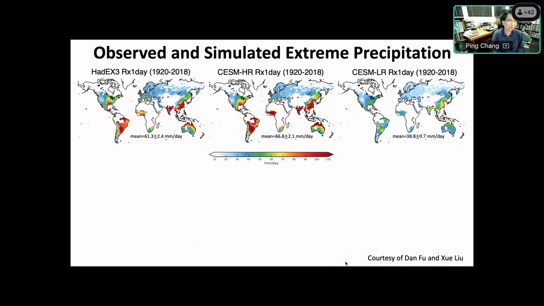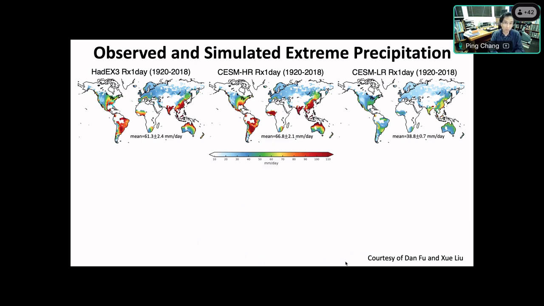So first, just let me show you a comparison between the observed and the simulated extreme precipitation. And we're just using the annual maximum daily precipitation as a metric for the comparison. So the panel on the left is showing the observed HadEX3 Rx1day extreme precipitation distribution over the globe, all the way from 1920 to 2018.